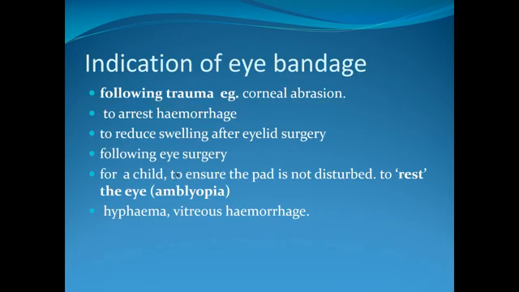Indications of eye bandage: following trauma, any type of trauma like corneal abrasion or corneal laceration, to arrest bleeding, to reduce swelling after eyelid surgery, following eye surgery, even after cataract surgery, and for a child to ensure the pad is not disturbed.